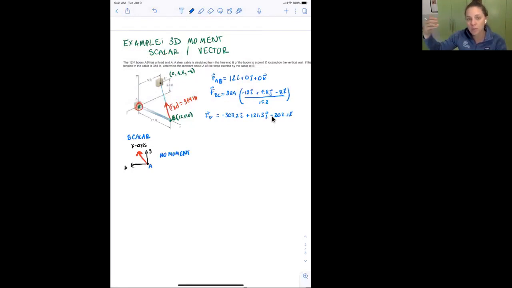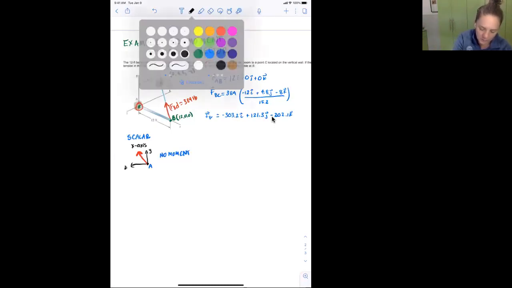Remember, in order to have a moment, we need a perpendicular distance away from that point. It can't cause a moment if the line of action of the force goes through that point. So there is no rotation along that rod. It's not going to spin. That rod happens to be on the x-axis. Okay, great. 1 down, 2 to go.